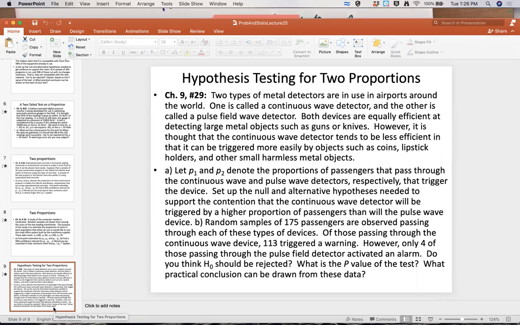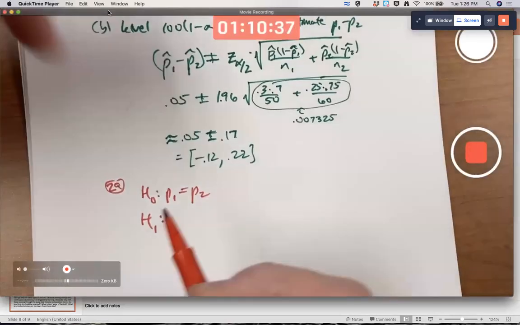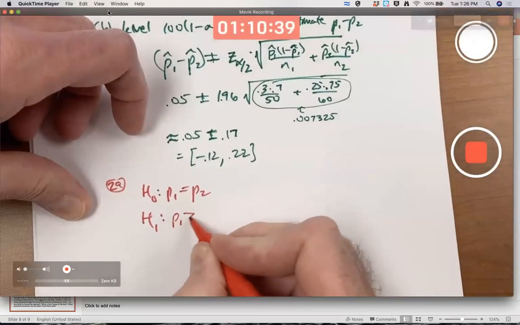P1 is bigger than P2. It's too sensitive to small objects, I guess is what they're after here. So this sounds like a one-sided test, a right-tailed test. P1 is bigger than P2.